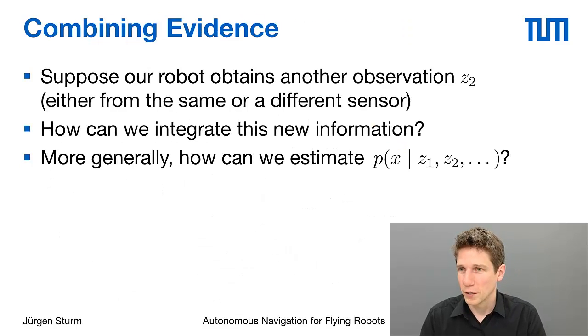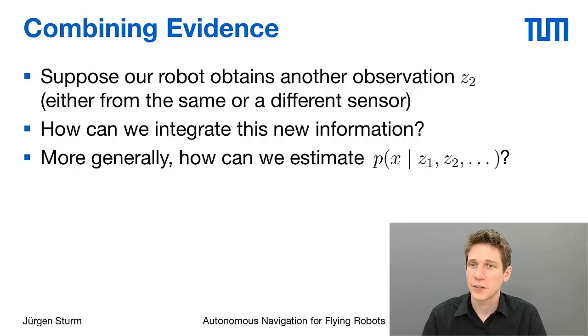Good. So now let's suppose that our robot obtains another observation just to verify or consolidate its hypothesis that it might be above the landing spot. This second observation could come from the same sensor, just taken a few seconds later, or it could come from a completely different sensor.